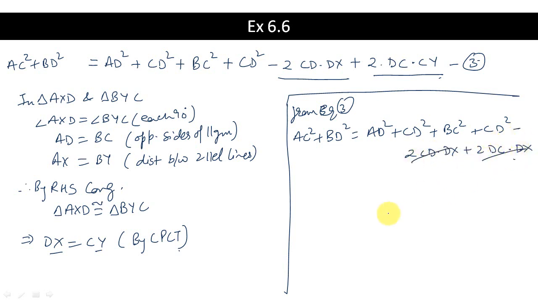Both of them will get cancelled out. So you will be left with AD square plus CD square plus BC square plus CD square.